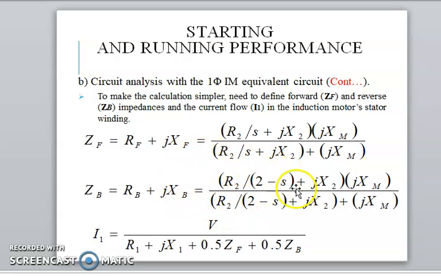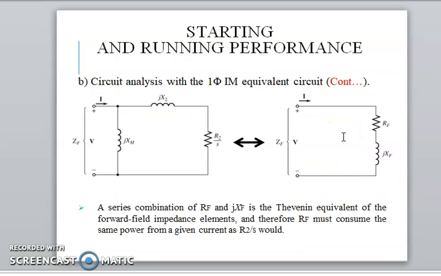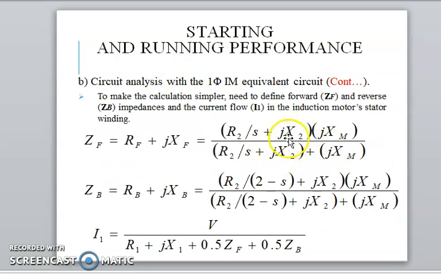So we combine both together. We apply the series and parallel calculation here: jX2 plus, this is in series, this one in parallel. So we have the equation like what you have learned in circuit theory before.